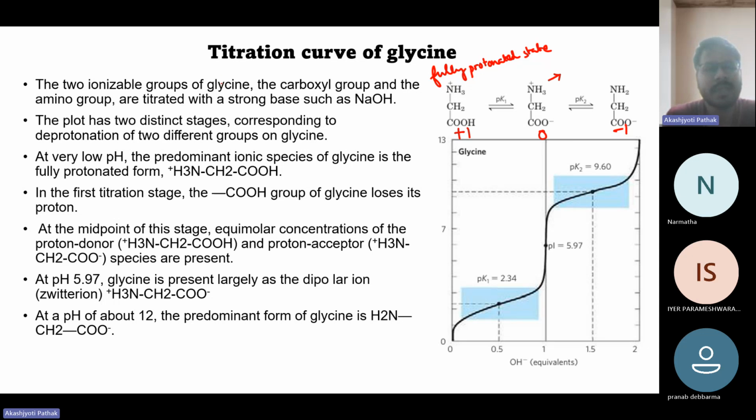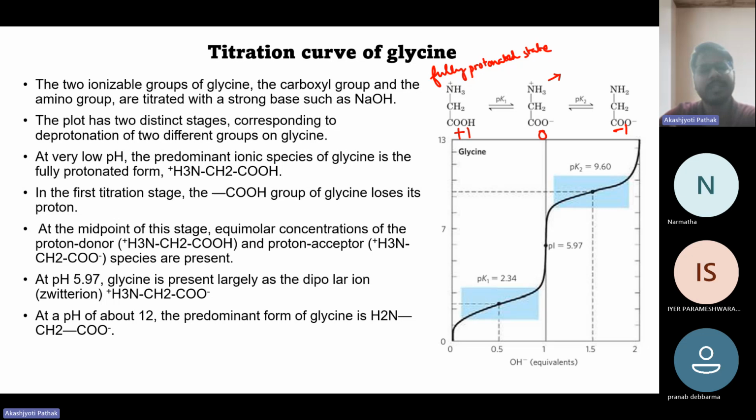If you look at the glycine molecule, it has two ionizable groups, the carboxyl group and the amino group, and this glycine is titrated with a strong base such as NaOH.